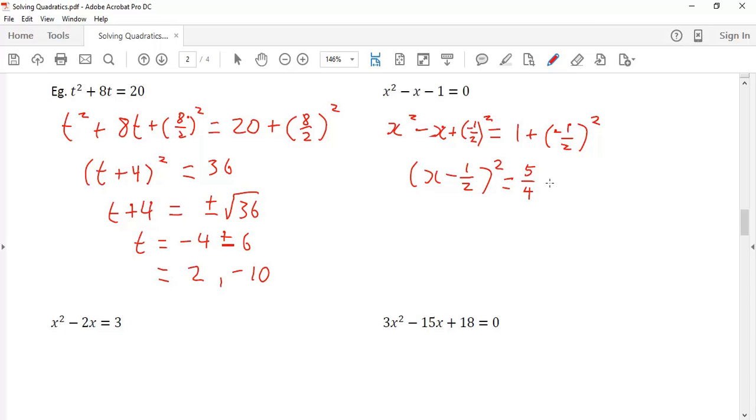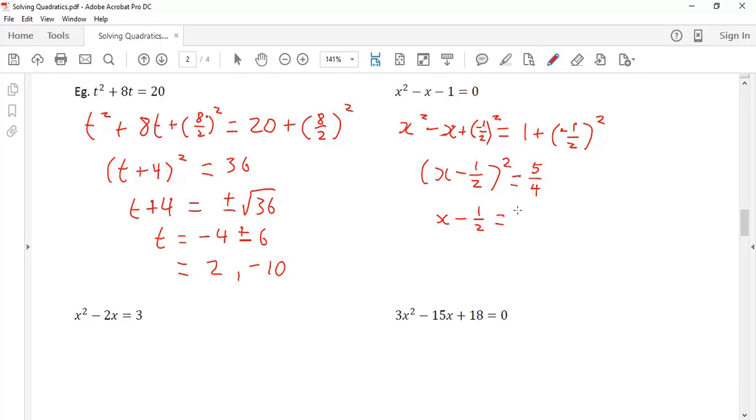And now it's just, like before, solve it. So square root both sides, you get x minus a half equals plus or minus the square root of 5 over 4. So now we bring that half over.